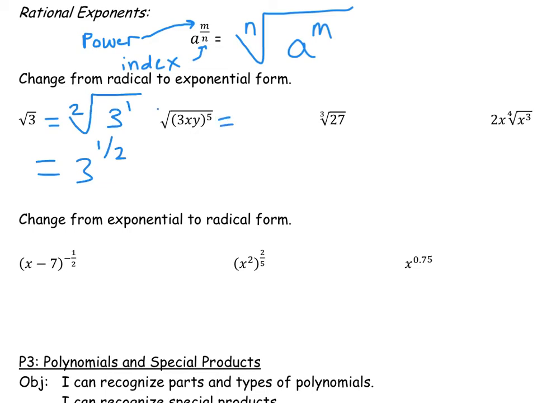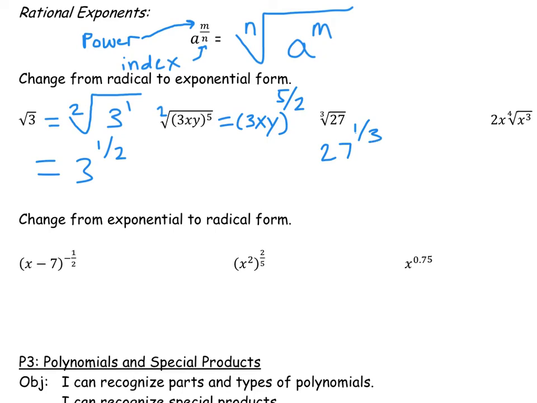Same thing here. There's nothing written there. You can assume that's a 2. (3xy) to the 5/2 power. (27) would be to the first power, so the index that you would pull in would be to the 1/3.